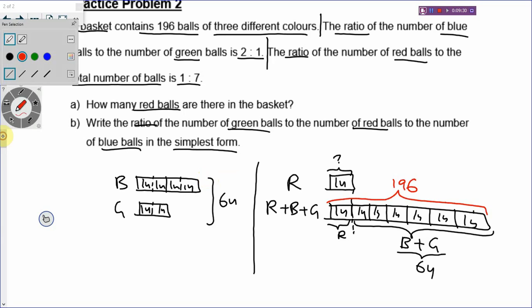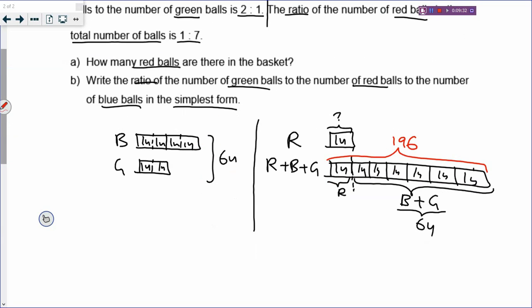Now you can see that 196 is 7 units. So 7 units is equal to 196. Then your 1 unit must be 196 divided by 7, and your 1 unit is 28. So have you found how many red balls are there in the basket? Yes, which is 28.